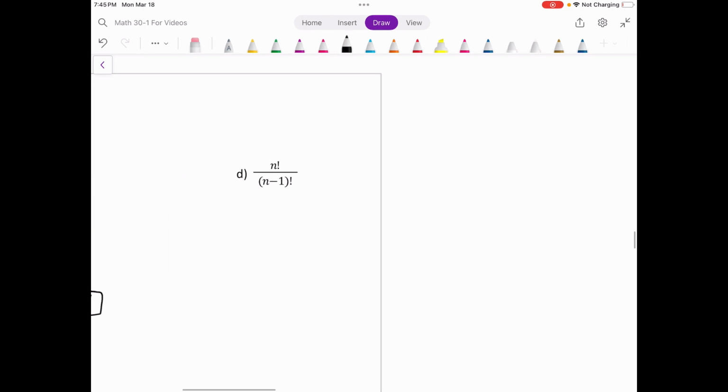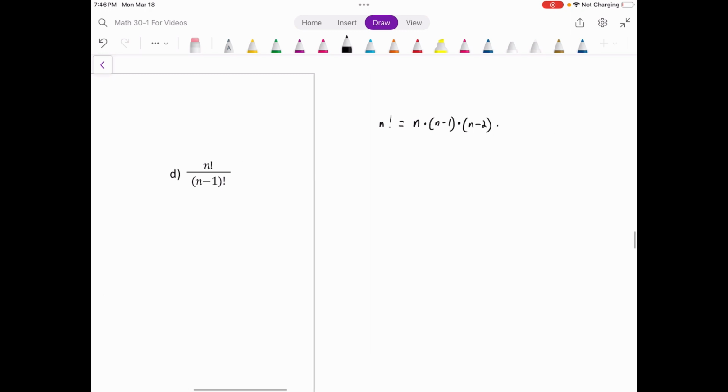So all a factorial is, in general, n factorial is just n times one number lower than n, right? Times one number lower than that. So if one number lower than n is n minus 1, then next is n minus 2, right? Times n minus 3, right? Again, if this were 6, we'd just be doing 6 times 5, 6 minus 1, times 4, 6 minus 2, times 3, 6 minus 3, right? That's all a factorial is saying.